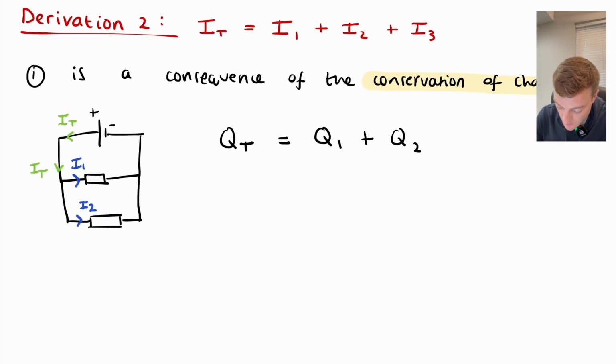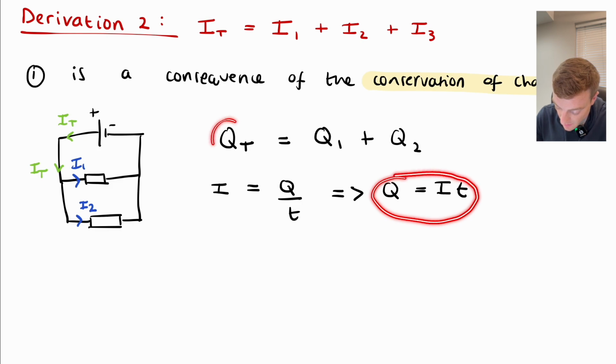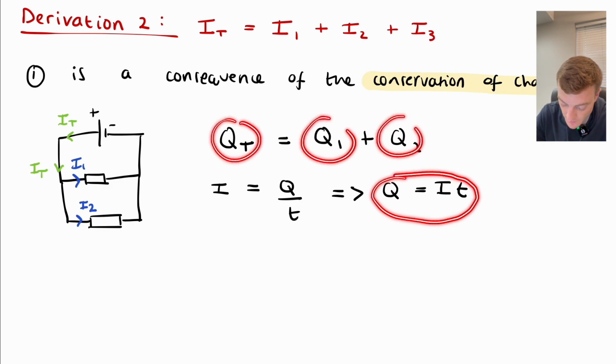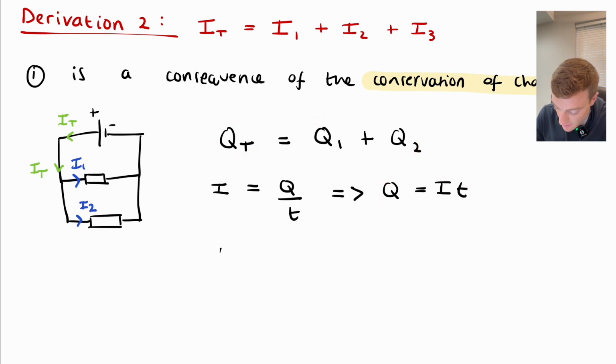But current is the rate of flow of charge, which tells us that charge is current times time. Now if I sub this formula into my formula above for each term, I get that I total times time is the current in loop 1 times time plus the current in loop 2 times time.